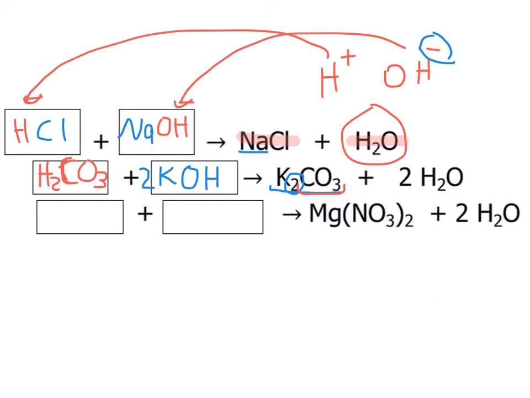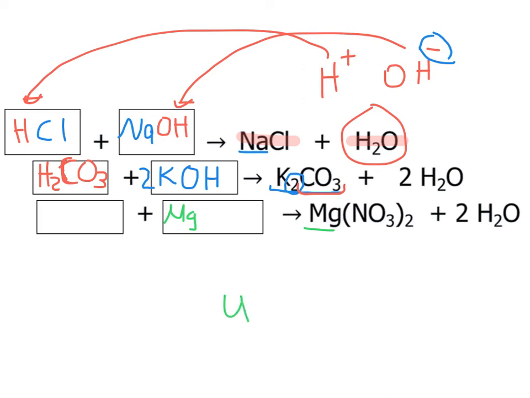Now the other one has magnesium nitrate and water. So magnesium, again, is a cation, and the cation comes from the base. So it's magnesium with hydroxide.